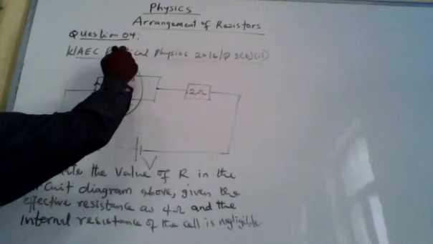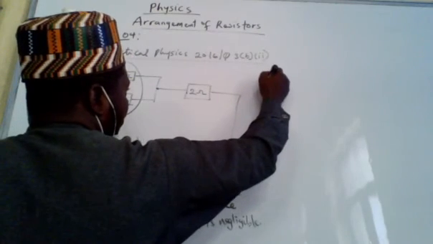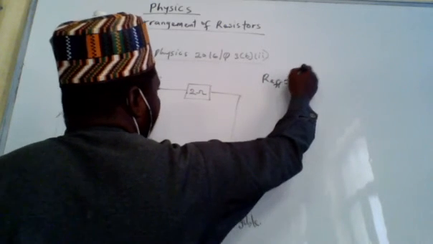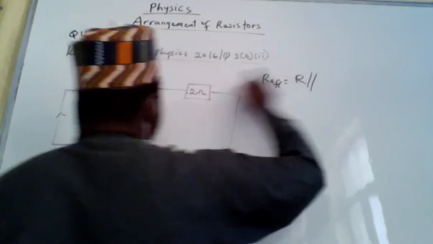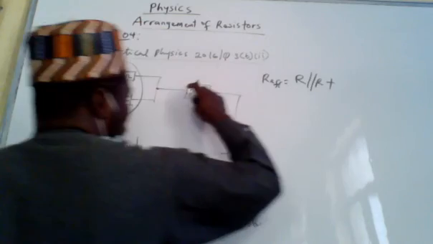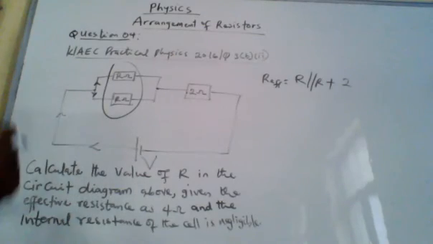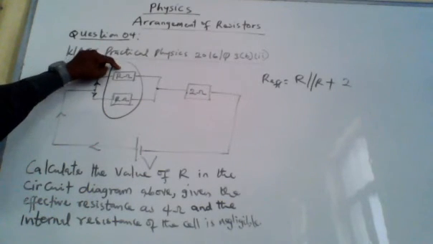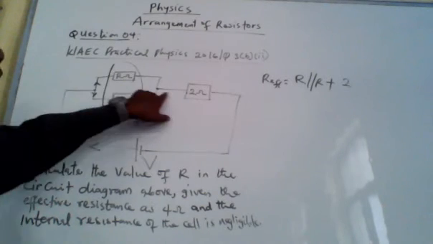So let me label this. If I want to go by R equivalence, effective resistance is the first R parallel to the second R, plus 2 ohms. That is it. The combination in series plus 2 ohms.